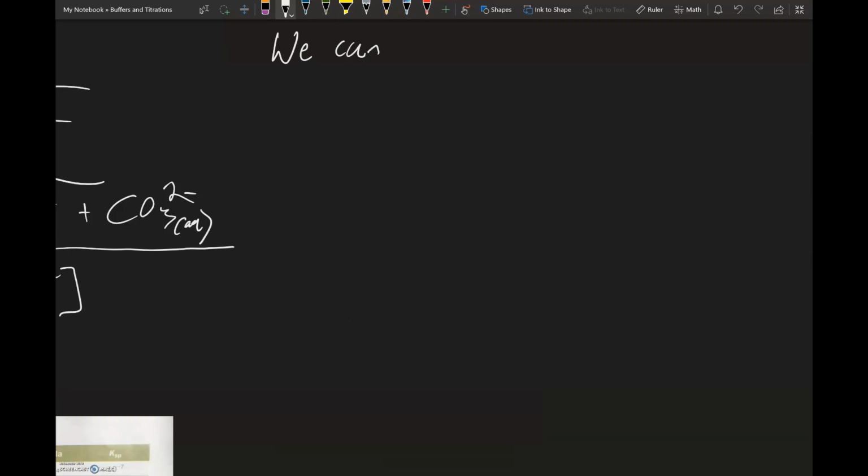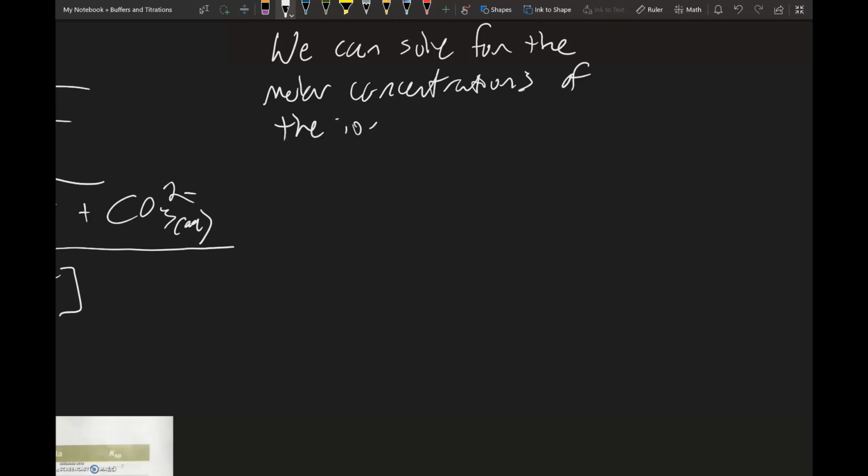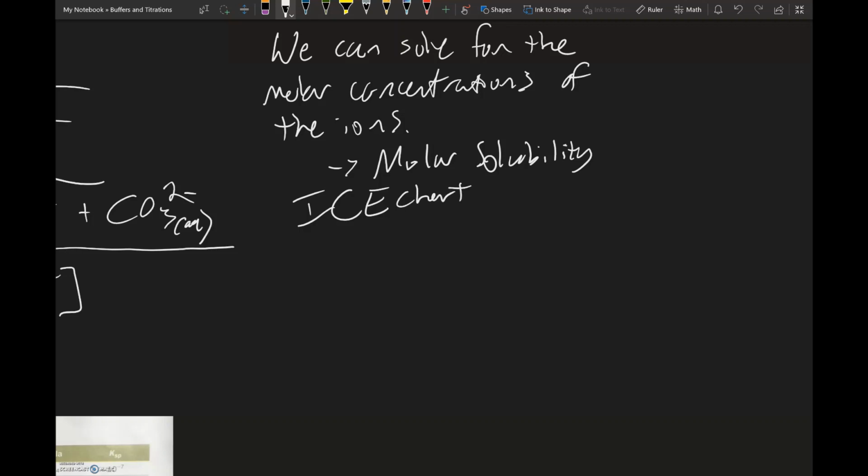So we can solve for the molar concentrations of the ions. This is known as molar solubility. The way we do this is we go through the ICE chart, as we have seen in past videos on equilibrium.